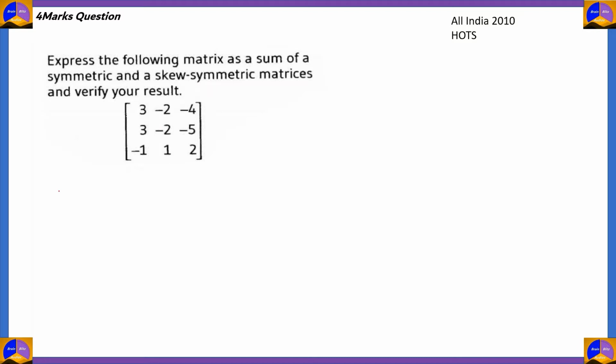Let's write A as our matrix: 3, minus 2, minus 4; 3, minus 2, minus 5; minus 1, 1, and 2. The first step here is to find P. Now P is equal to half of A plus A transpose.